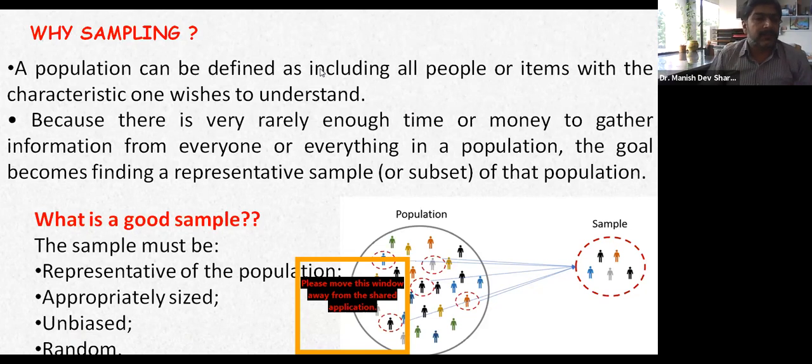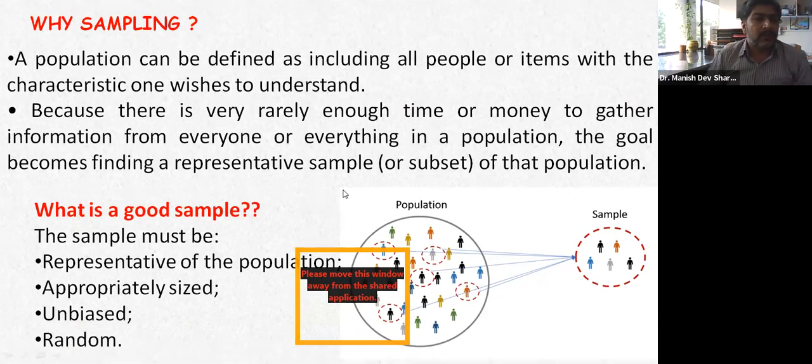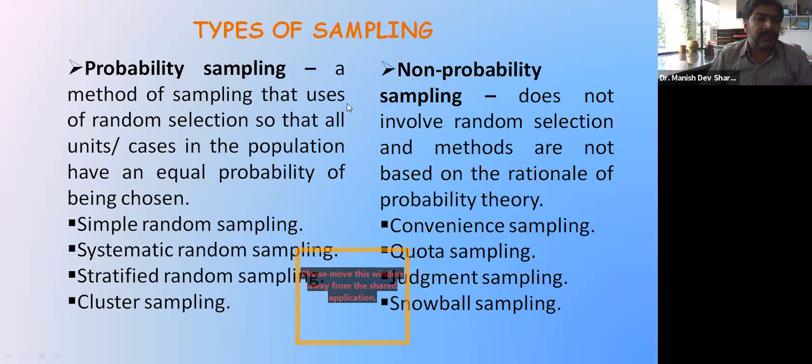So when we go for sampling, it is always important to go for a good sample to move to good research. There are two types of sampling: probability sampling and non-probability sampling. In probability sampling, we have methods of sampling that use random selection, so that all units or cases in the population have an equal probability of being chosen.